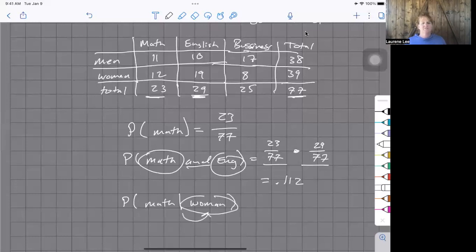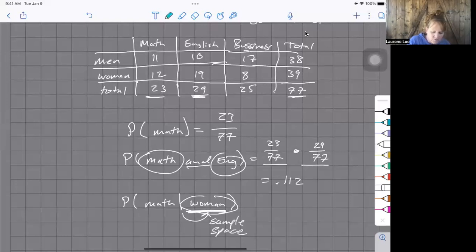Remember how we talked about it before: what's the probability I draw a yellow marble given that I already drew one? So my sample space is shrinking. What's the probability that I deal you an ace given that I've already dealt you 4 cards? So this idea of given that is just taking your sample space, which is the bottom of your fraction, your total, and shrinking it. So what this does is it dictates your sample space.